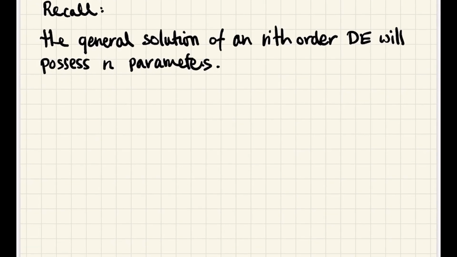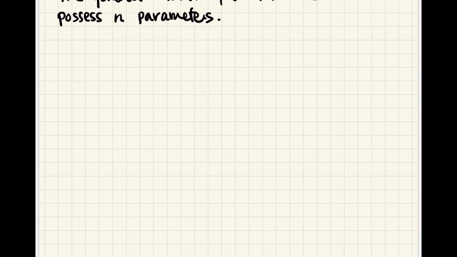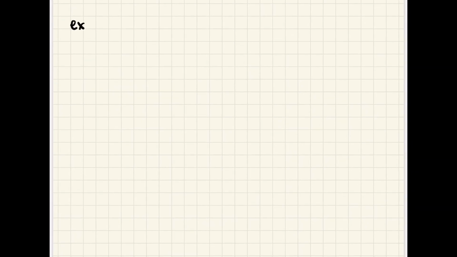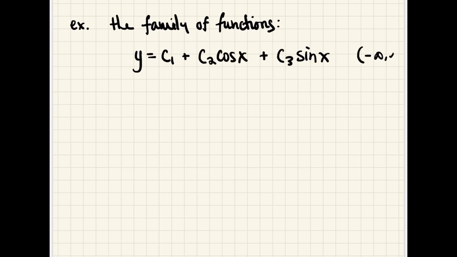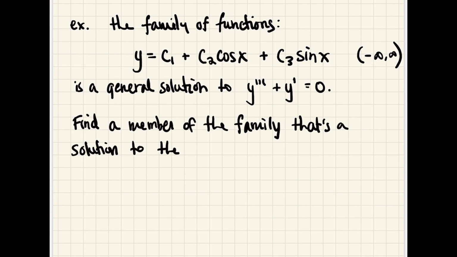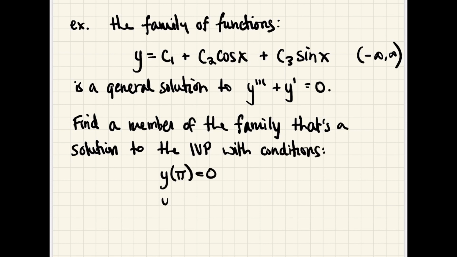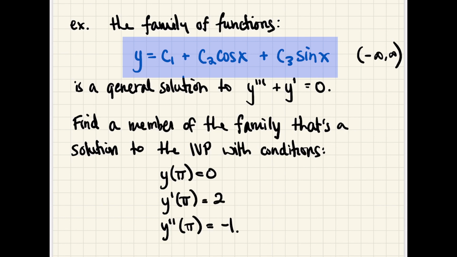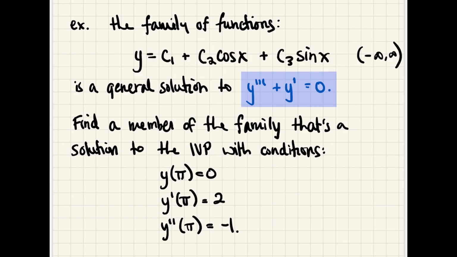So let's quickly look at a general solution and use it to solve an initial value problem. Okay, so here we are told that this family of functions is the general solution to this third order differential equation here.